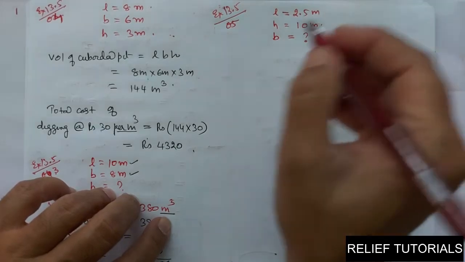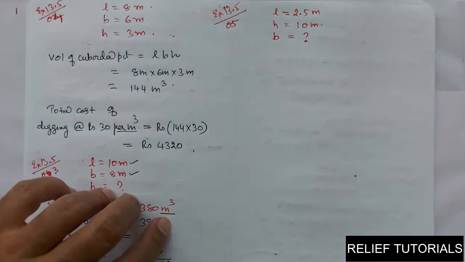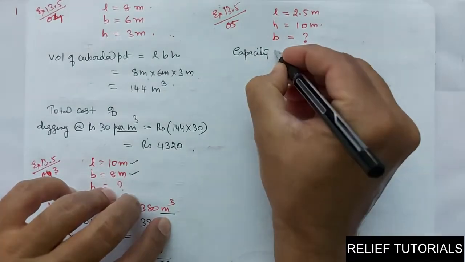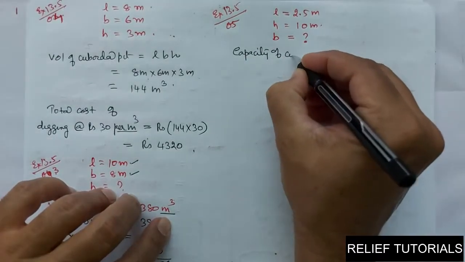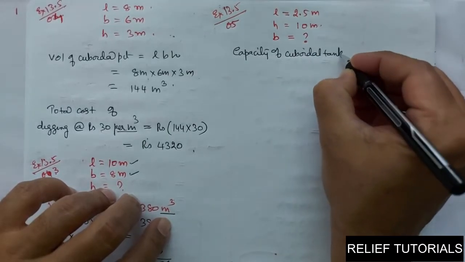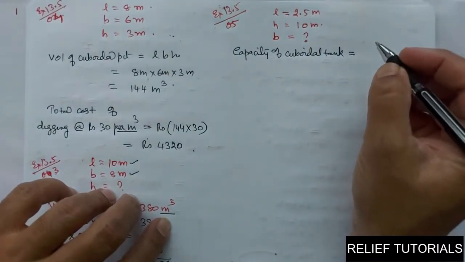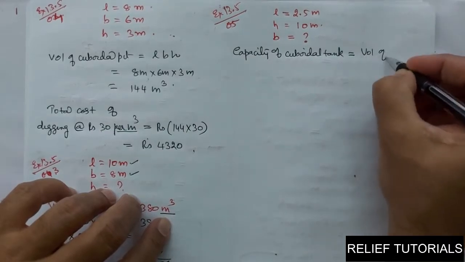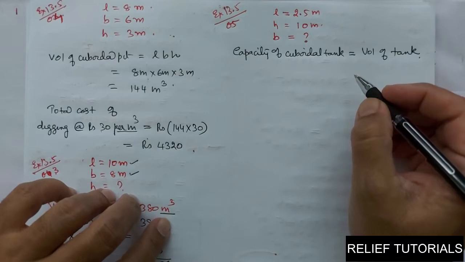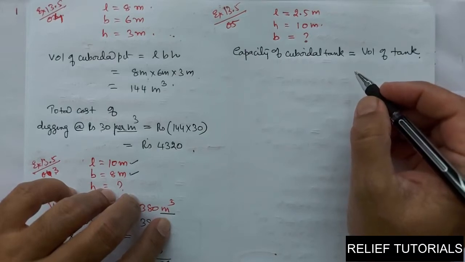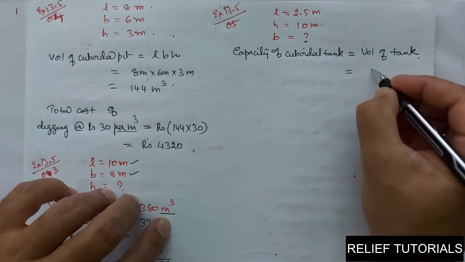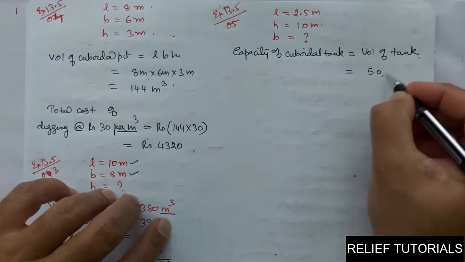Capacity of cuboidal tank means volume of tank, and you know the volume of the tank is how much it is given? 50,000 liters.